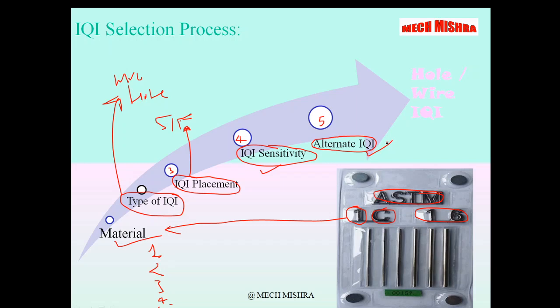Okay, so till now you are familiar with the IQI selection process, and after these 5 steps you will be able to identify which IQI needs to be used, where it is to be placed, and whether to accept or reject in the radiography film.